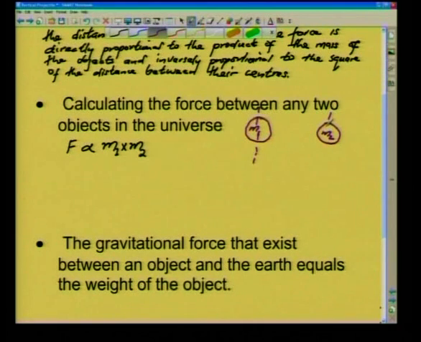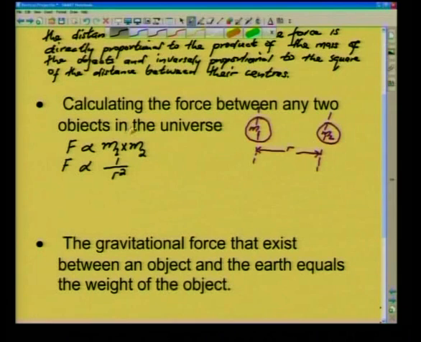Between their centers, there would be a distance, and let's call it r. Now, the force of gravity that exists between them, which is a force of attraction, is directly proportional to mass 1 times mass 2. Okay? And the same force is inversely proportional to the square of the distance between them.